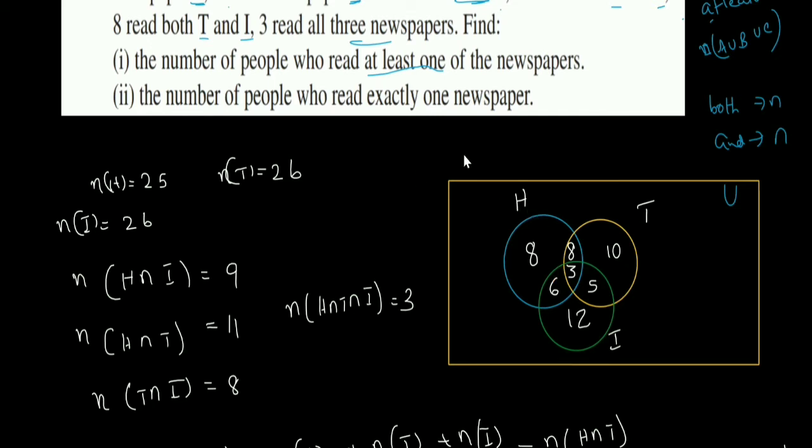Now we start with the intersection of all the 3. How many? 3. So you write 3 here. Now we write the intersection of T and I. T and I is 8, isn't it? So T and I is this part, where circle T and circle I are intersecting.